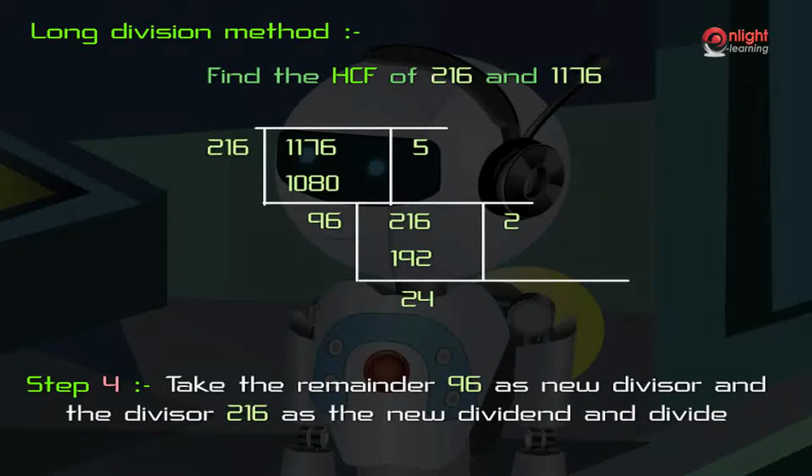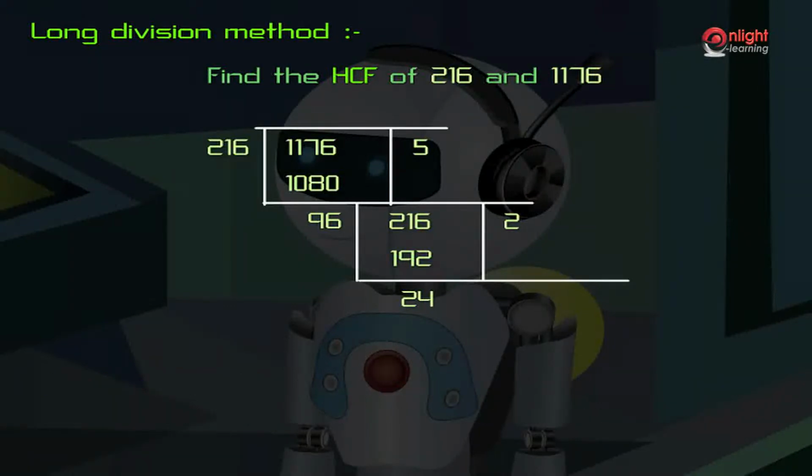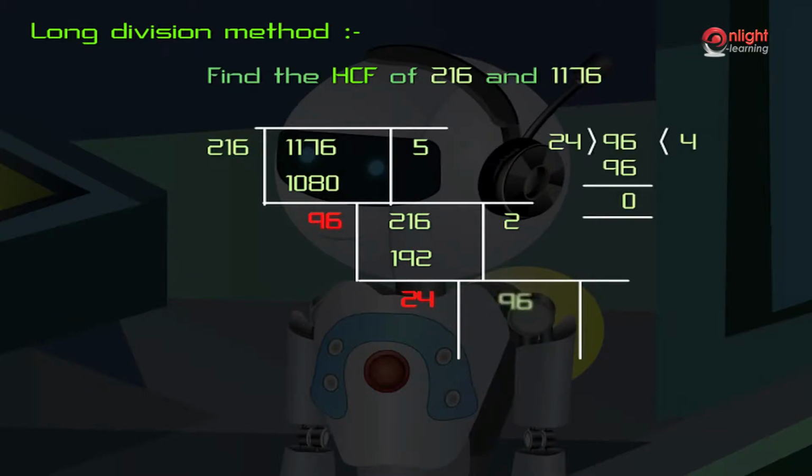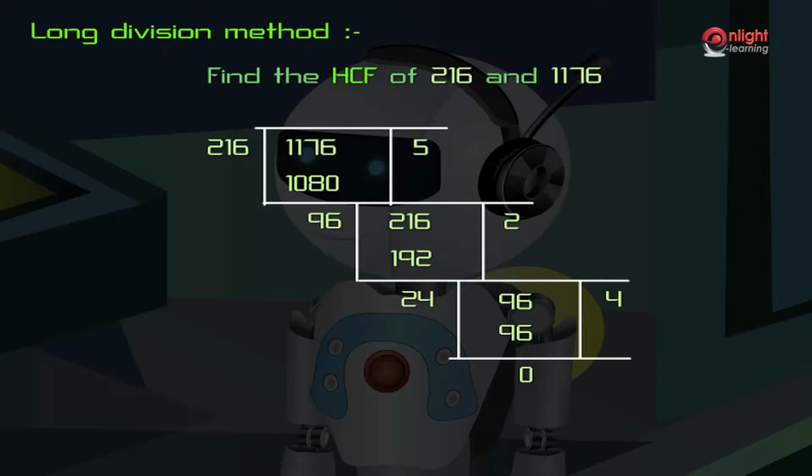Here we get the remainder as 24. So continue the process. Again, by dividing the divisor 96 by the remainder 24, we get the quotient as 4 and the remainder as 0. Now we can stop the division process.